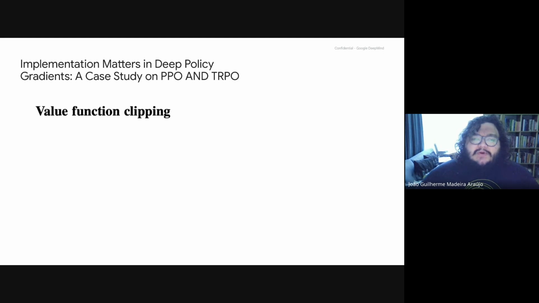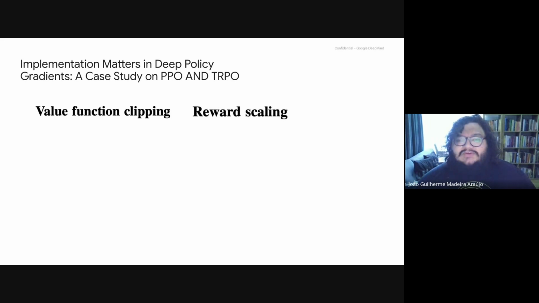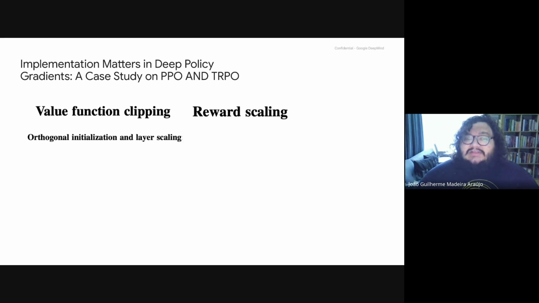So PPO does some specific kind of value function clipping that is not what the algorithm in its purity explains. They do a bit of reward scaling, which is also not part of the algorithm as it's written in the paper. They do a different kind of initialization, and they use a specific kind of scaling for each layer of the network, which is again not part of the algorithm.